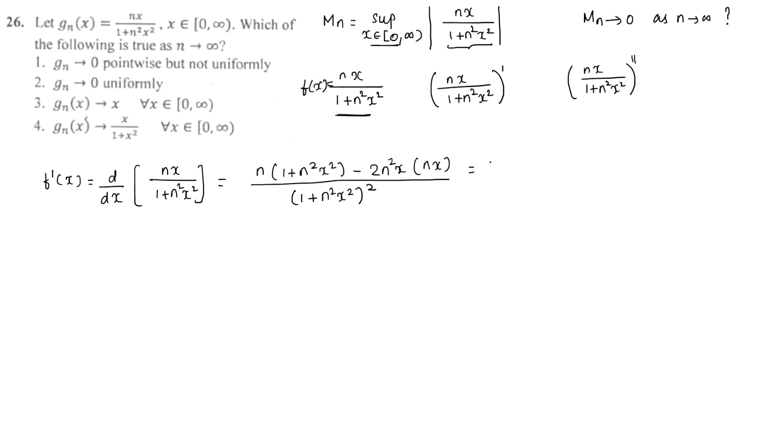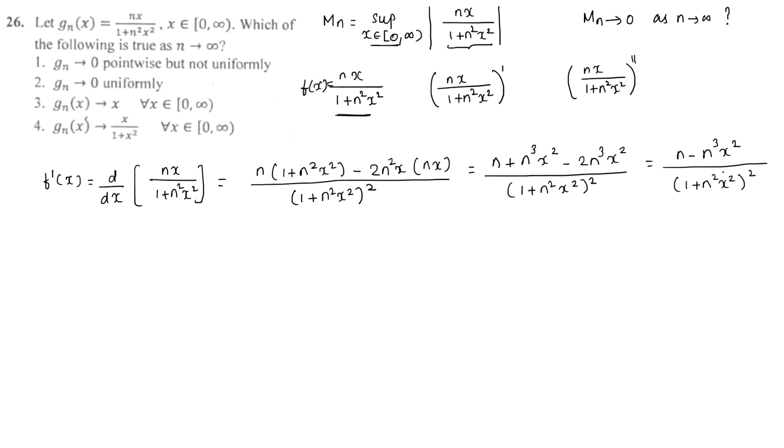This is equal to n plus n cube x square minus 2n cube x square by 1 plus n square x square whole square, and this is equal to n minus n cube x square divided by 1 plus n square x square whole square.